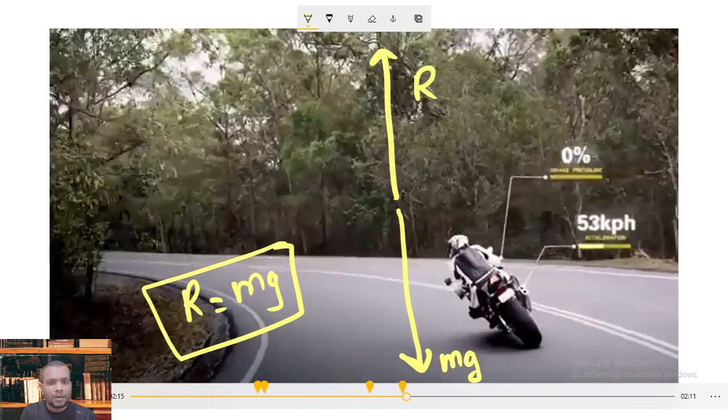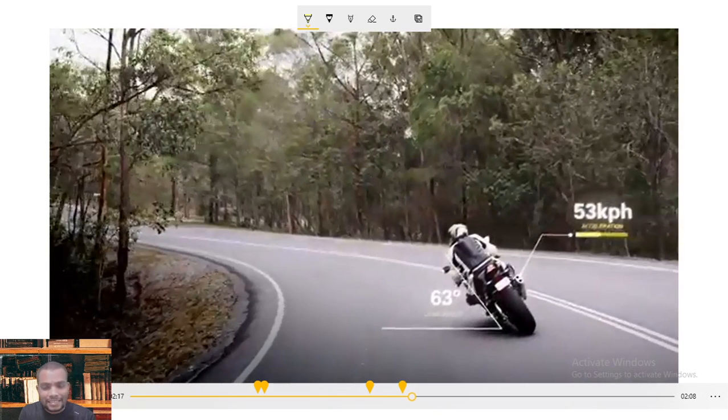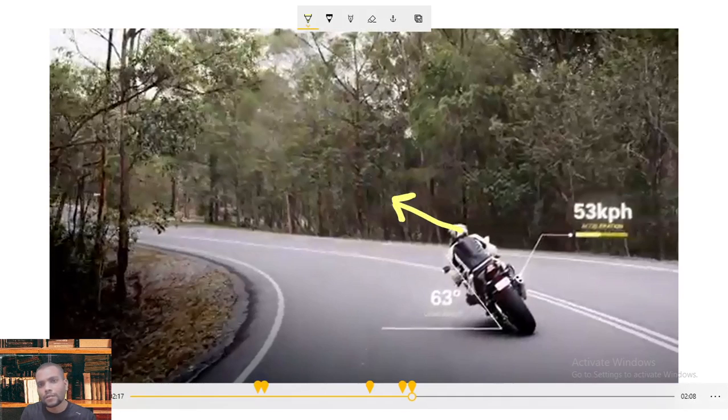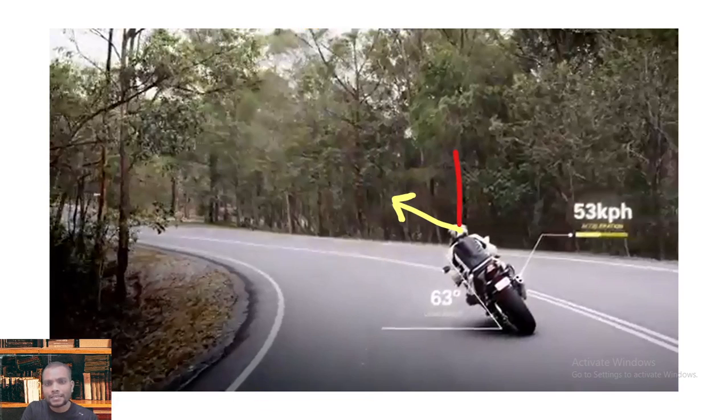But when we encounter turnings, so this is the turning. When you take the turn, the normal reaction force will change its direction because of the turn. In the earlier case, the normal reaction force, which is represented in the red line, is straight.